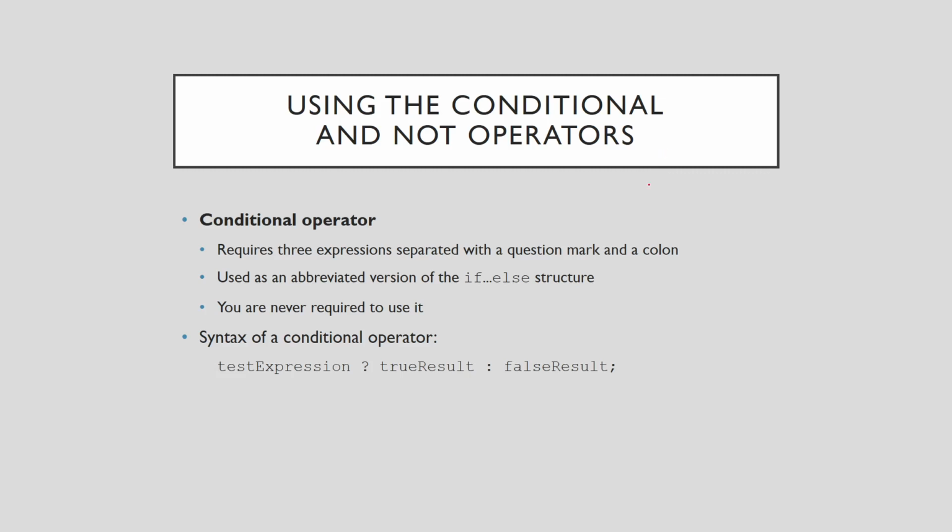Now, you can use the ternary expression as part of the decision-making logic. The syntax of using the ternary operator is like this: the test expression followed by a question mark, true result, colon, false result. How will you interpret this one?